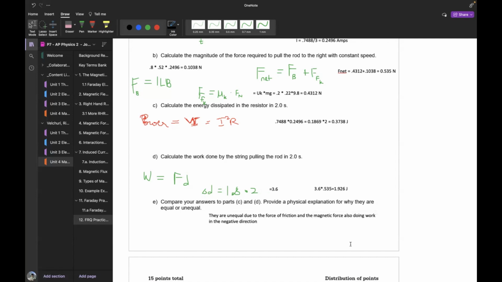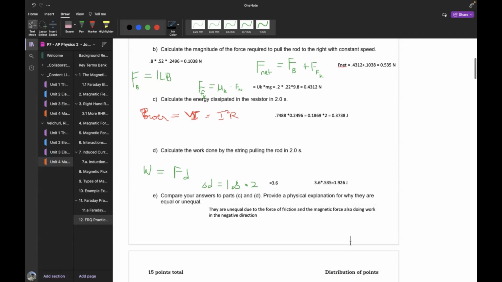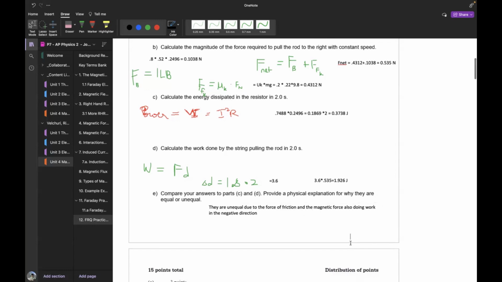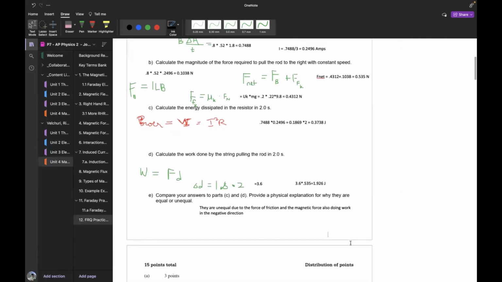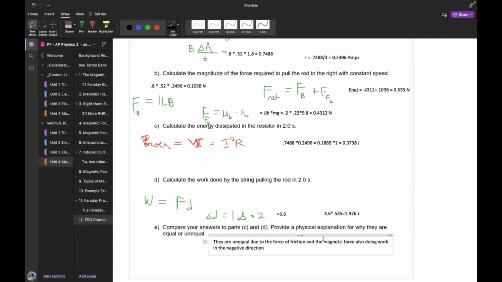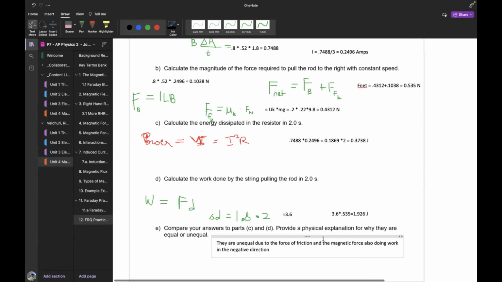We can calculate there also: work done by friction and work done by magnetic force. Yeah, for these, if it doesn't ask, we just don't calculate it because we're trying to do these quickly.